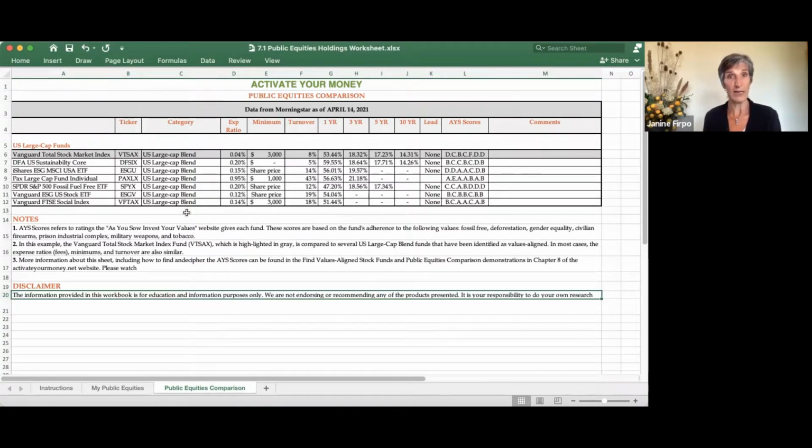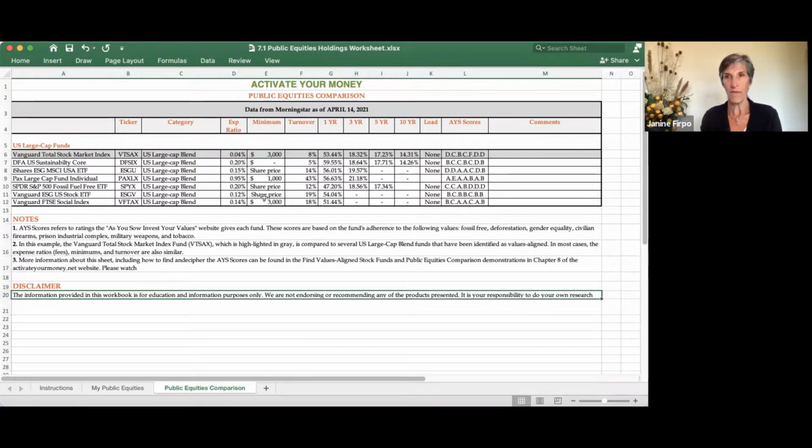So that's a similarity. I was also looking for funds that had somewhat similar expense ratios. The Vanguard Total Stock Market Index has the smallest fee of any. It's very, very small. But some of these others, like at 0.12%, 0.14%, even 0.20%, are also relatively small. The PAX Large Cap Fund is the outlier with a fee of almost 1%.